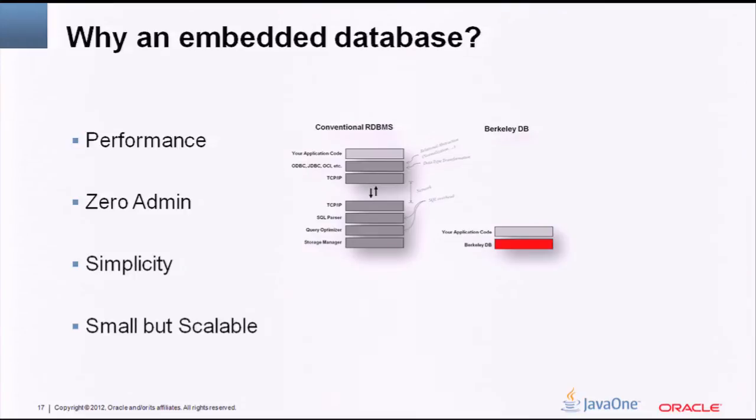Although you can run the RDBMS on the same box as your application, you still have all those other layers in there, the SQL parser, the optimizer, and so forth. Whereas with Berkeley DB, it's just your application code and the database. Berkeley DB does have a SQL API you can choose to use, so you would have some of the extra layers in there added back in if you chose to use that.